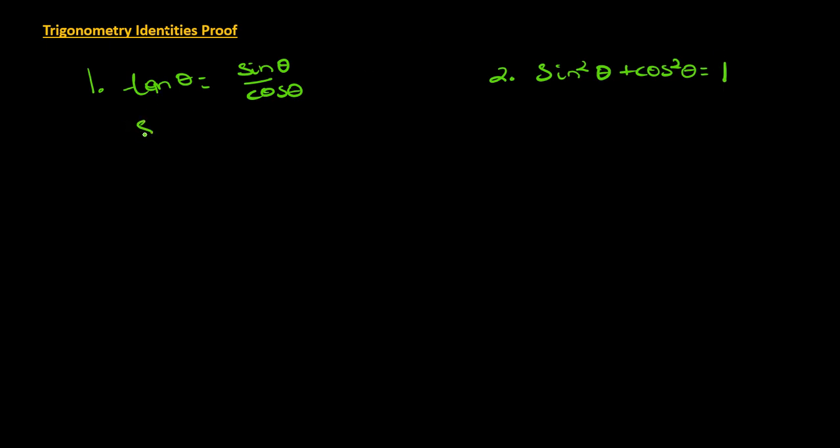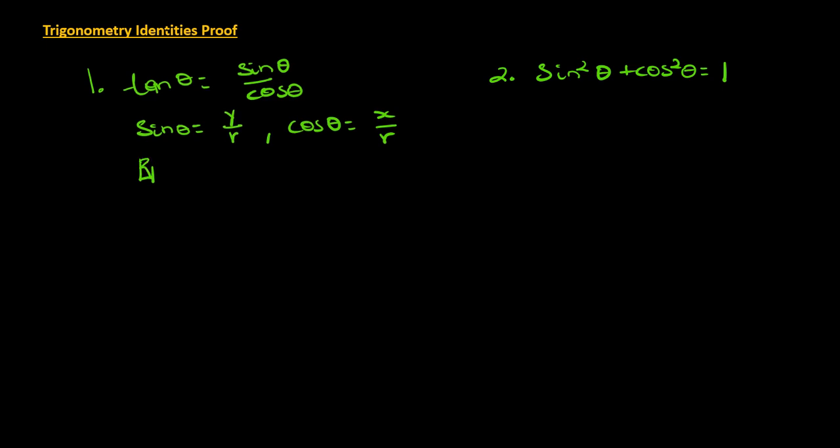What do we know? We know that sine theta is equal to opposite over hypotenuse, or put in other words, y over r, and cos theta is equal to x over r. So if we were to look at the left hand side, I'm sorry, this is the right hand side actually.